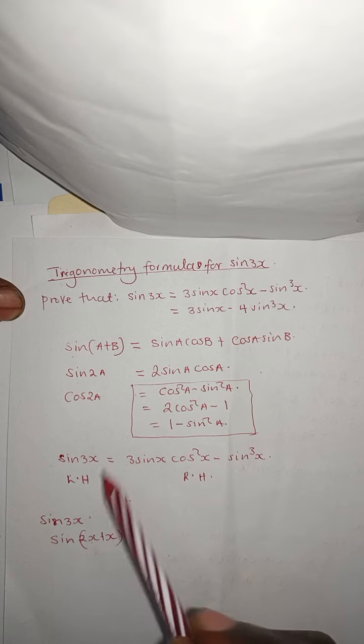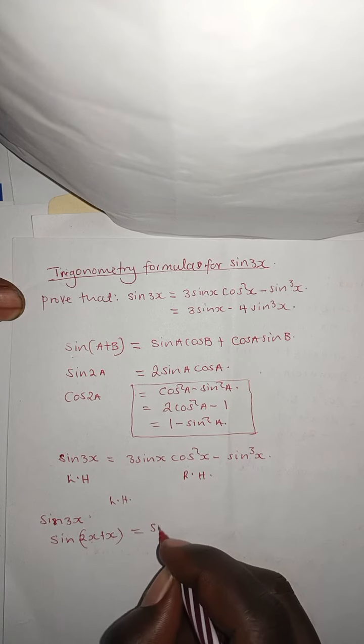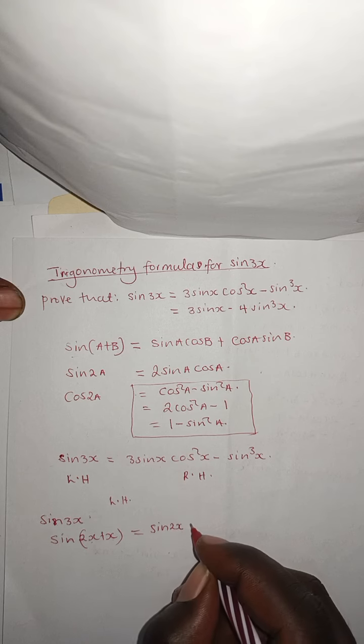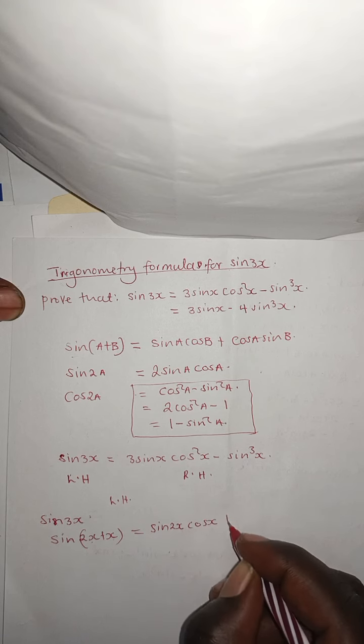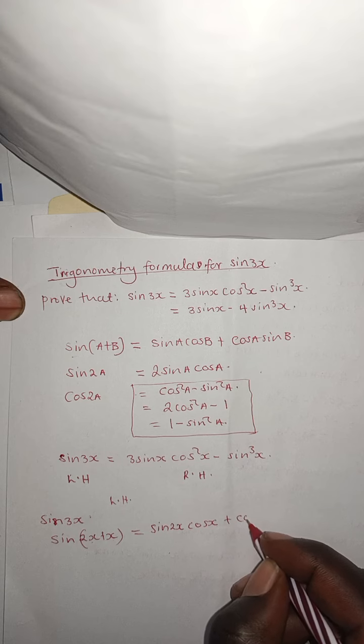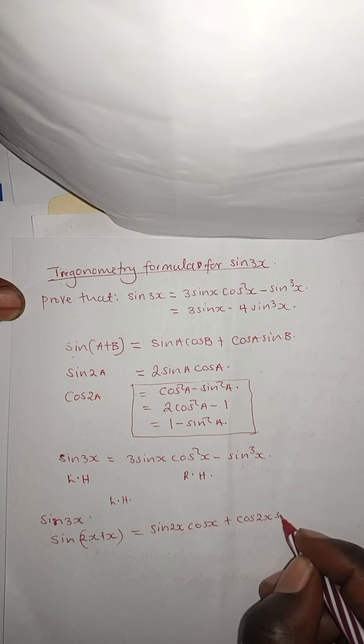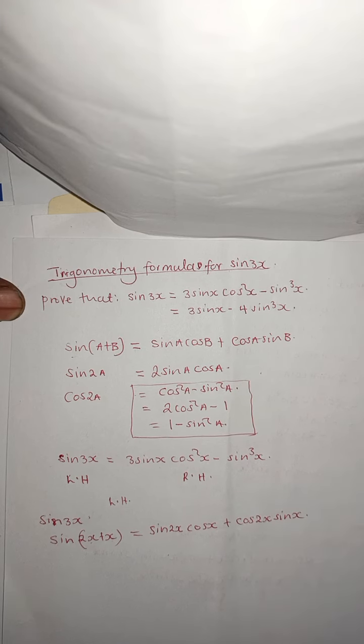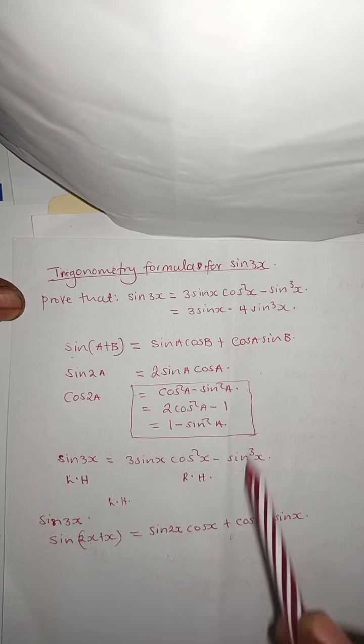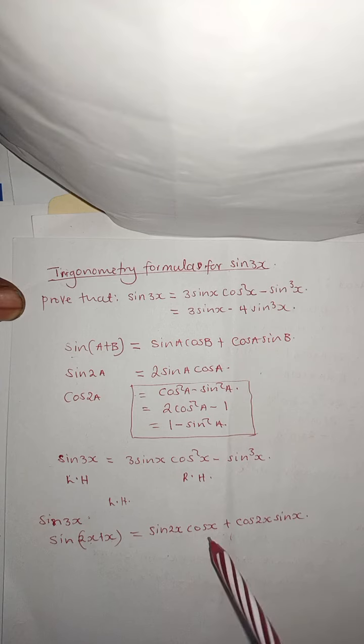Sin (2x plus x) can be seen as sin 2x cos x plus cos 2x sin x. You see that this and this have a relationship.